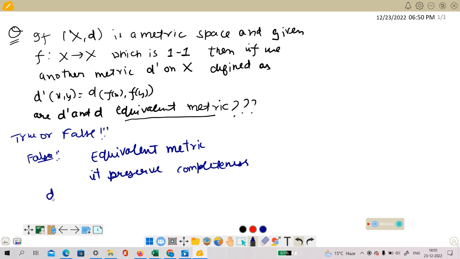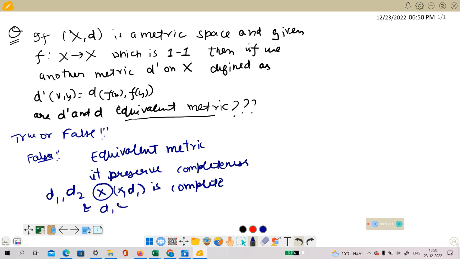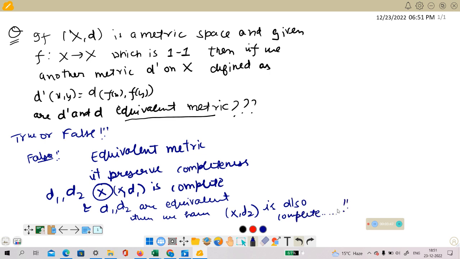That is, if we are given d1 and d2, two metrics on the same space X, and if (X, d1) is complete and d1, d2 are equivalent, then (X, d2) is also complete. We are going to use this result.